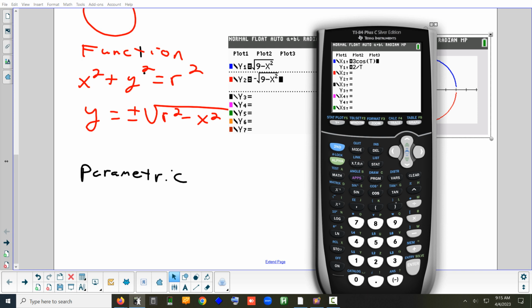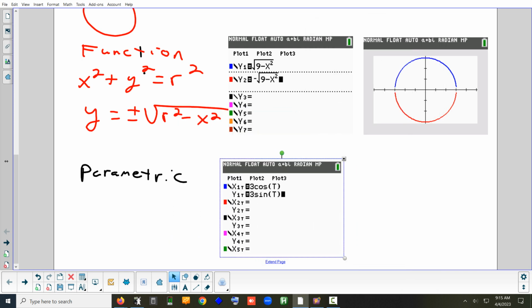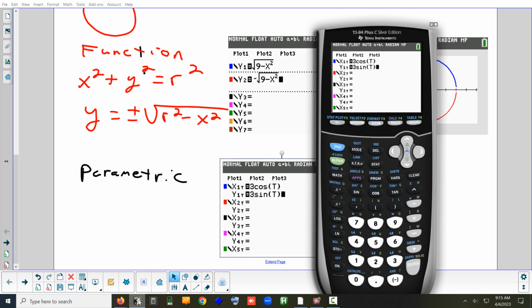So it's t. 3 cosine t and 3 sine t. Okay, so here's the formulas in parametric. And there's your picture. And that actually would look like a circle if I went from 0 to 2 pi. You have to make sure your parameter goes all the way around to get the full picture.